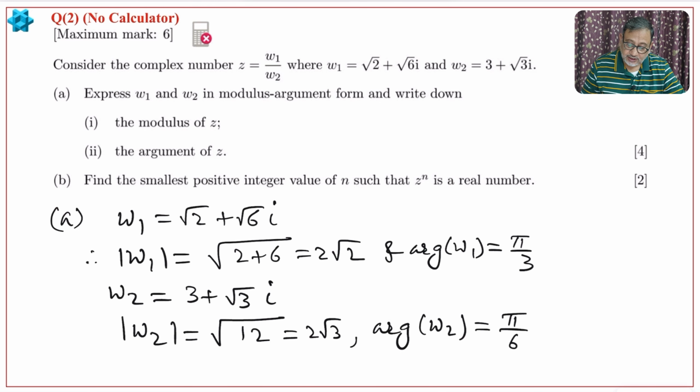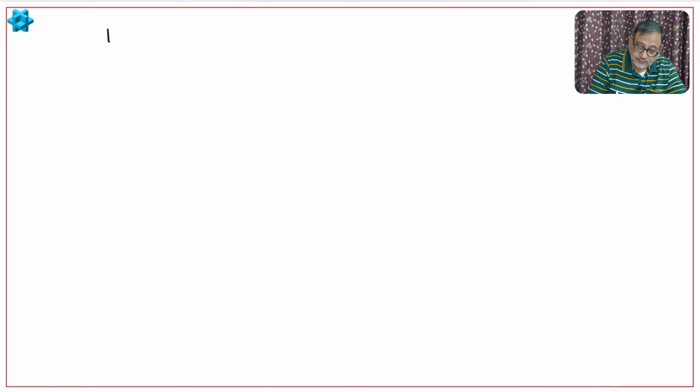So therefore I can write the modulus of z, because z is w1 divided by w2. So let me write it here on the next page, part 1. Z is w1 divided by w2.